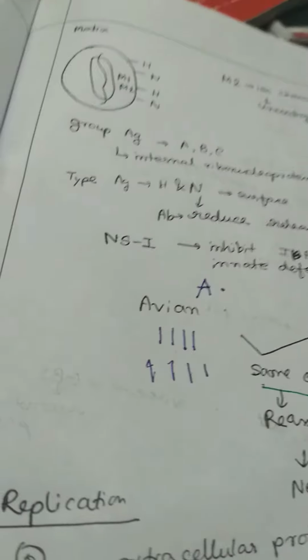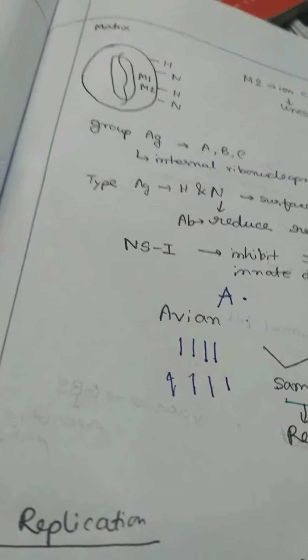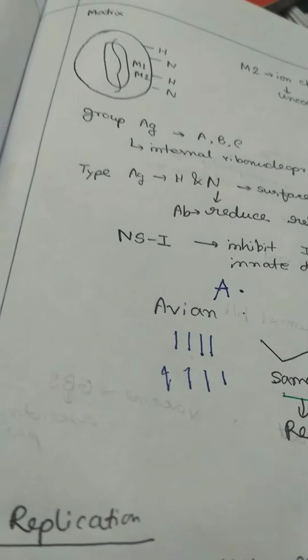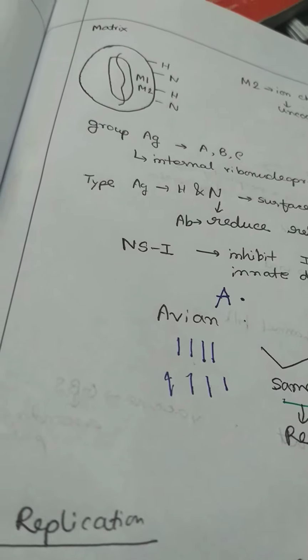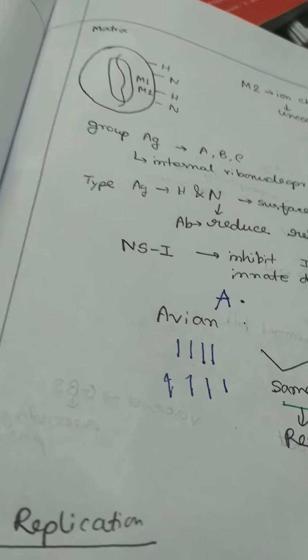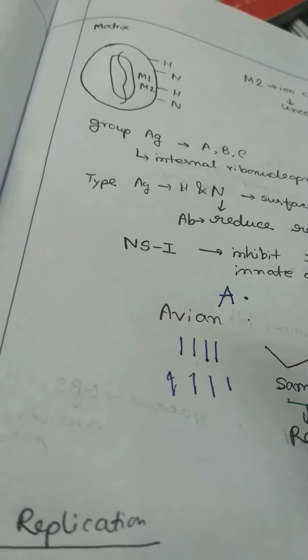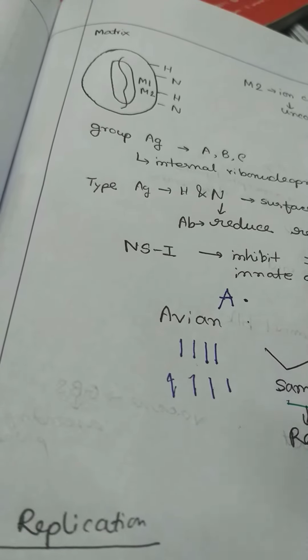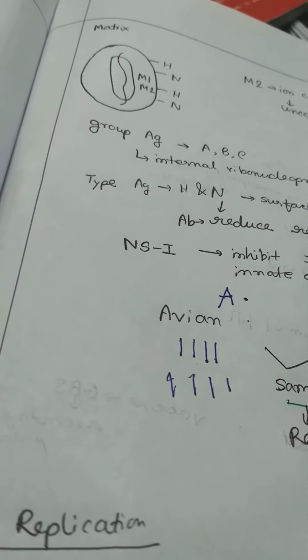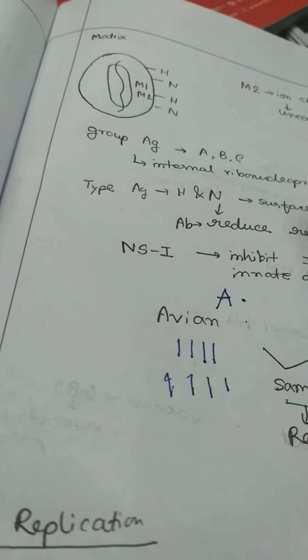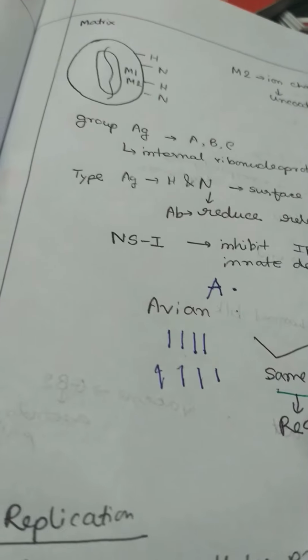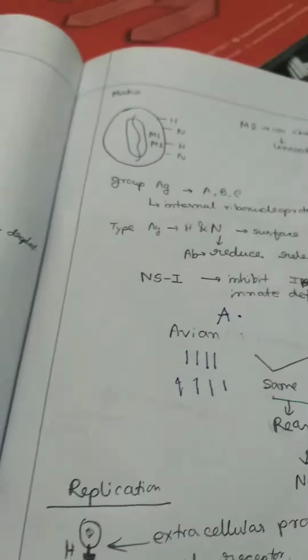So up to now, we have discussed the structure of influenza virus, which has a single-stranded RNA genome of negative polarity and segmented RNA. You have to remember that it contains 8 segments, but this produces 10 mRNA, 10 proteins.